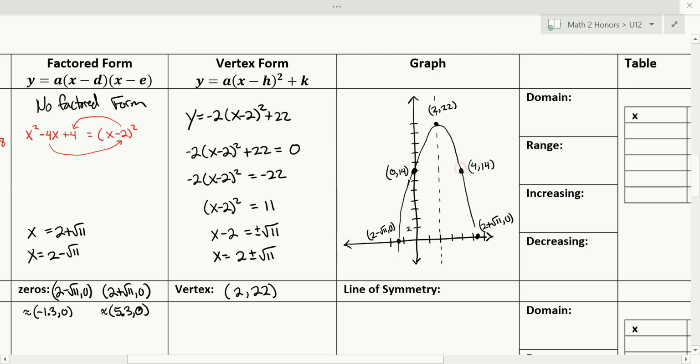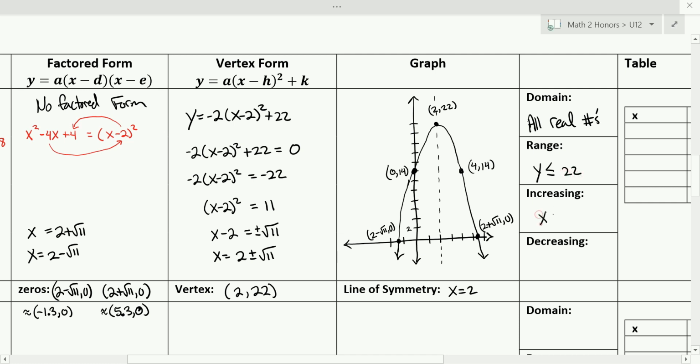Something like this. Our line of symmetry is x equals 2, domain all real numbers. Range: y is less than or equal to 22.